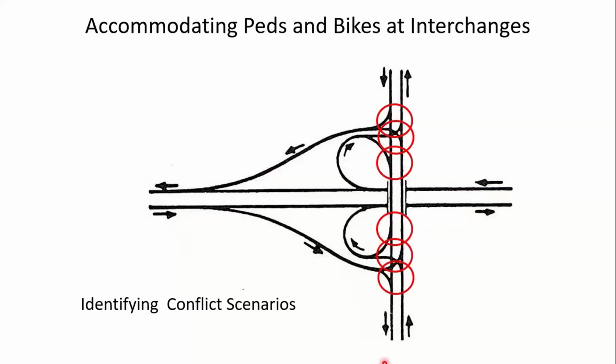Notice at this interchange, I've highlighted the conflict scenarios where you have vehicles either heading forward to enter the freeway or vehicles that are leaving the freeway and are merging or turning onto the local roads and streets. Of course, these are conflict areas for vehicles too, vehicle-to-vehicle conflicts. But what I'm concerned about here would be the vehicle-pedestrian or vehicle-bicycle conflicts that occur.